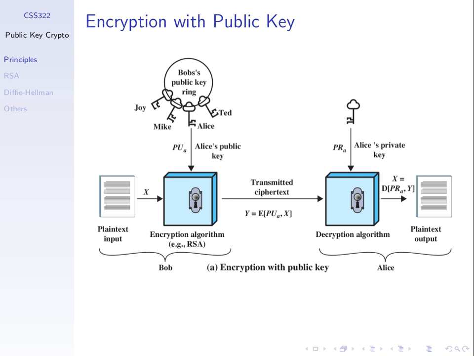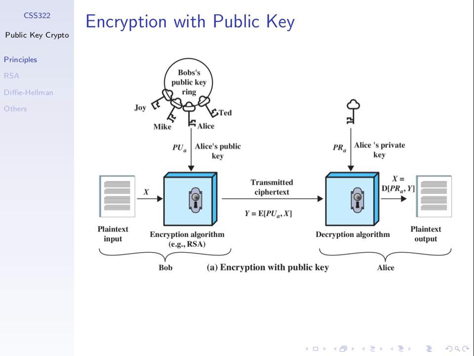Bob uses Alice's public key to encrypt. Everyone knows Alice's public key by definition, including Bob. Bob encrypts with Alice's public key, sends the ciphertext. When Alice receives the ciphertext, she decrypts that ciphertext using her own private key, the other key in the pair.